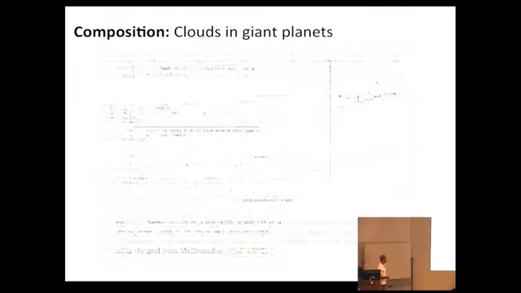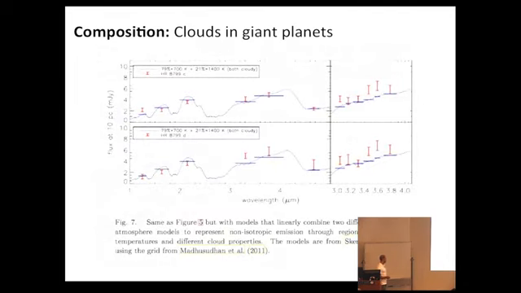I just have one figure from one of Andy Skemer's papers showing the interpretation of data for HR 8799, some photometry and spectrophotometry for this planet, and how it can only be reproduced really by models that include clouds. I'm not really an expert on this, so I'm just going to leave it at this. But certainly you have a lot of experts in the room right now and as the workshop continues: Mark Marley and Andy Skemer and others.